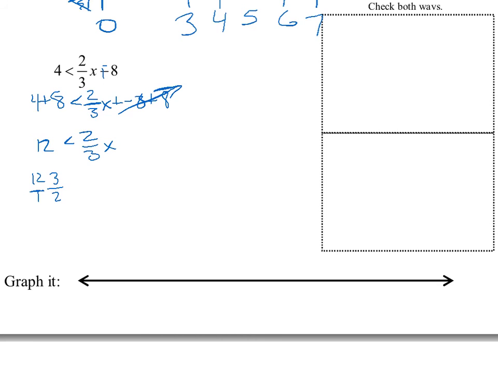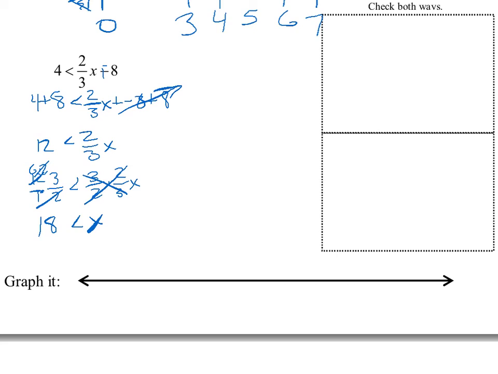So we have 12 times 3/2 is less than our 3/2, our reciprocal, times 2/3 x. That gives us on the right-hand side a cancellation of the 2's and a cancellation of the 3's, leaving just the x. And on the left-hand side, I can do some simplification here. This is 6 times 2, so my 2's will cancel out, and I'm going to get 18. I get 18 is less than x.